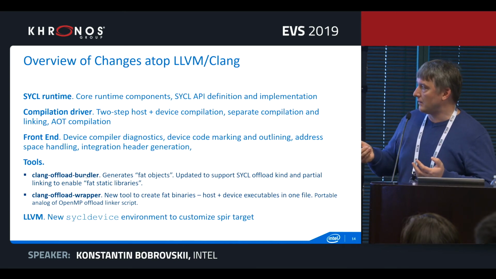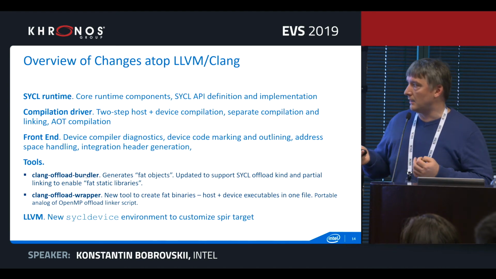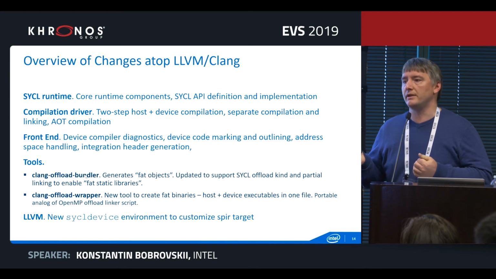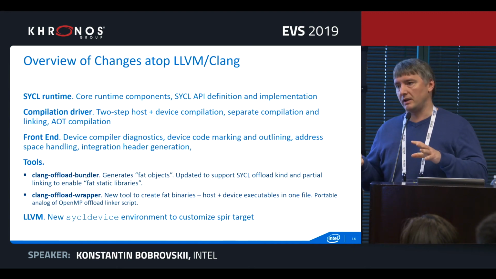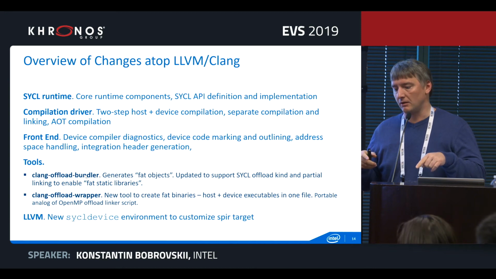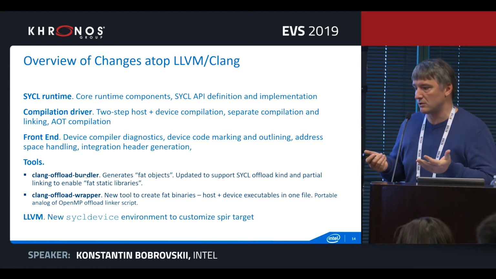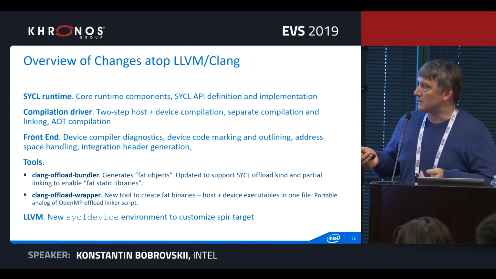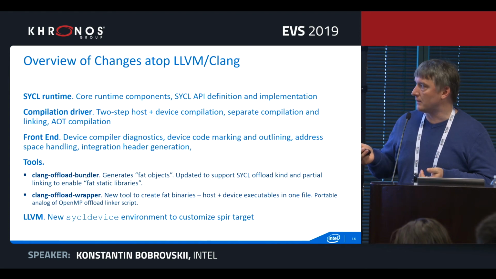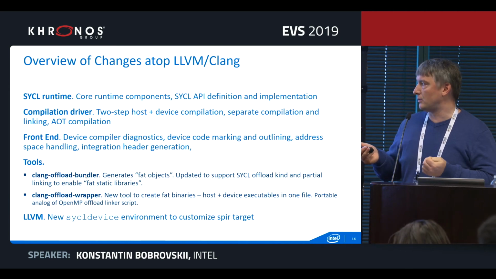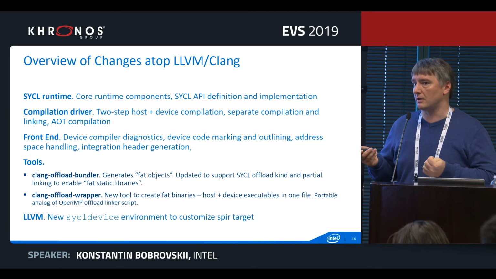In OpenMP offload, in open source, they use a linker script to do that, which is passed to the linker to create the final fat binary, but that is not a portable way because linker scripts are not supported by Microsoft tools. So we hope this approach will allow implementing this on Windows as well. And finally, we added a new environment to the SPIR target to customize behavior for SYCL compilation.